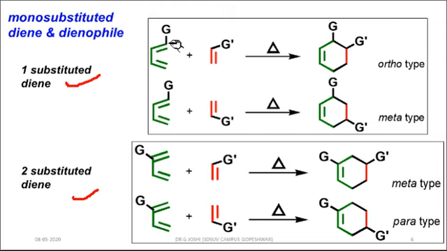Here, the bond formation between this carbon and this carbon and this carbon and this carbon results in the product which looks like an ortho type. Similarly, if we flip the orientation of this dienophile, we have changed the orientation of dienophile, then the bond formation or cyclization may result in formation of meta type product. Similarly, for two substituted diene, meta type product as well as para type product formation takes place.